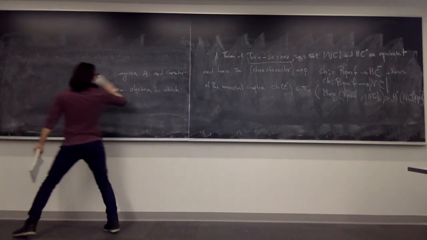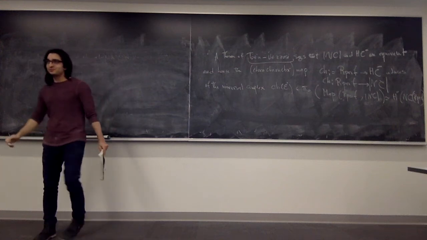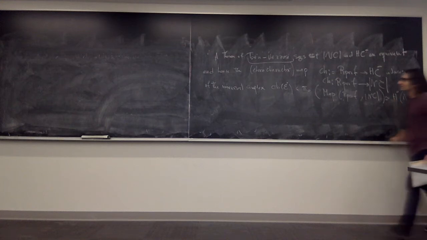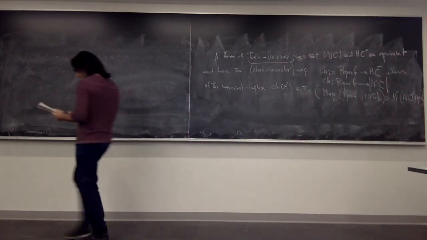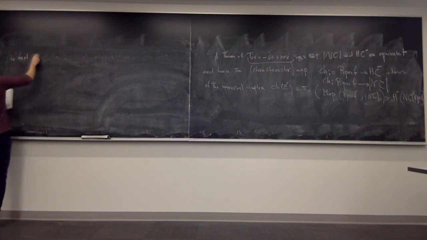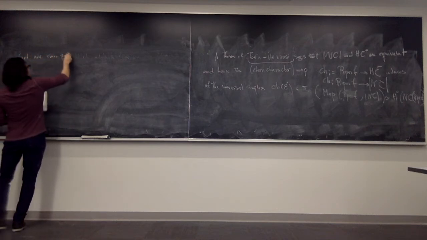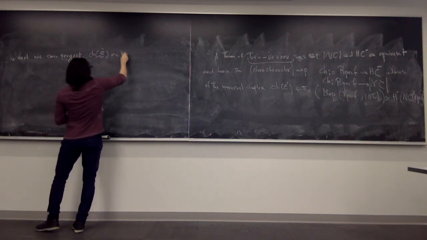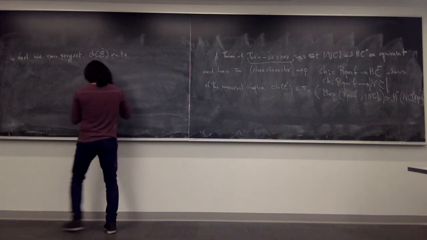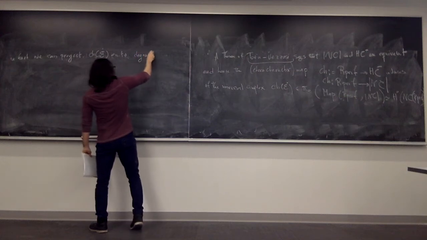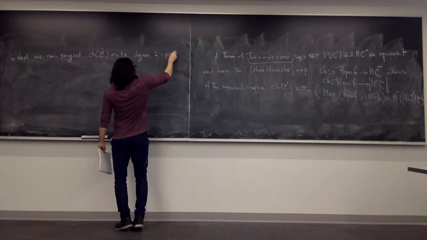It's almost obvious. These are cohomologies, and we are realizing them inside homologies of these things. So in fact, we can project Chern of E dot onto the degree 2 piece.